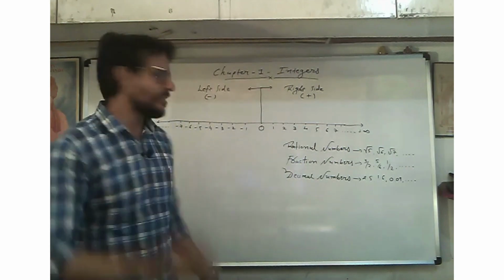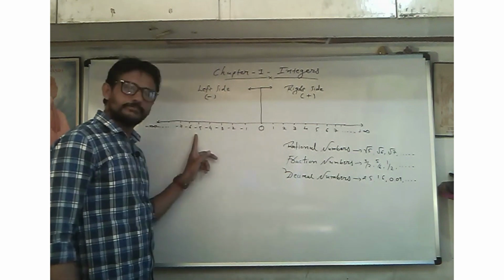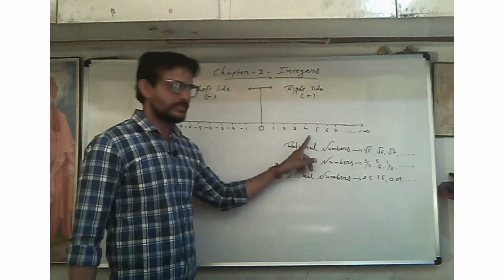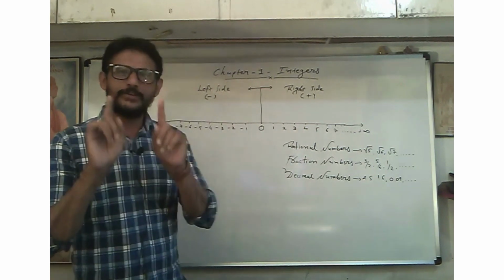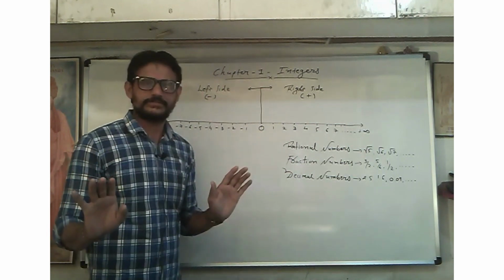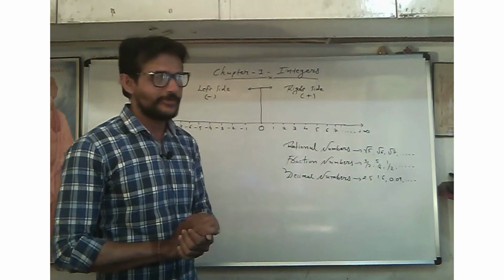You can see here on number line negative numbers, positive numbers and 0. Only these are integers. Clear? Shall we go more?